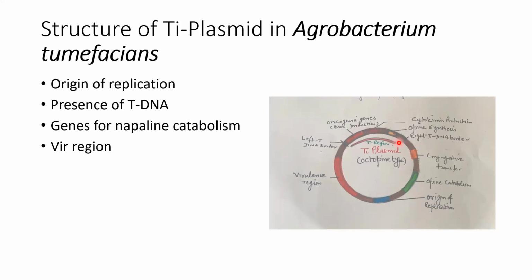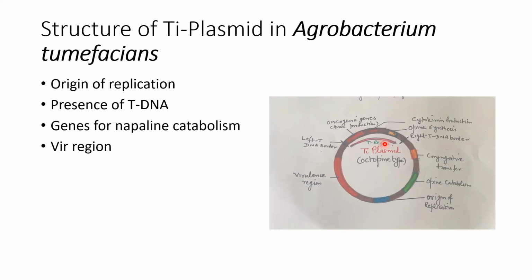Now, this T region is bounded on the left side as well as on the right side by a border of 25 base pairs. In addition to this, it also has an area called oncogenic genes. These genes are responsible for the production of phytohormones, auxin and cytokinins.